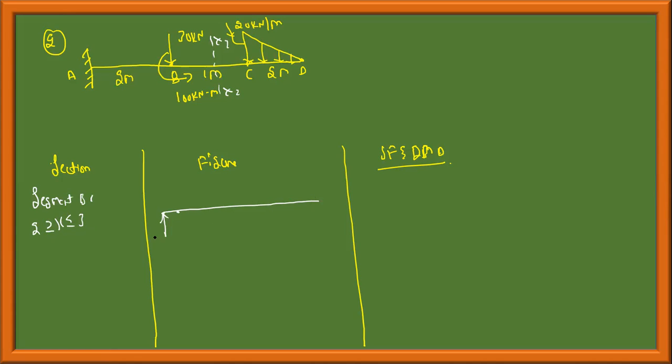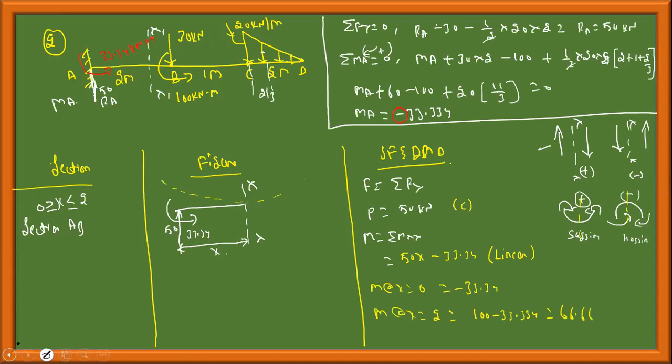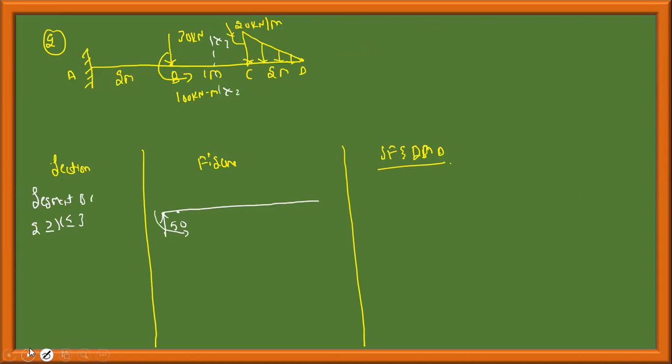RA is 50 kilonewton, moment we got 33.334. This is point A, point B, a 30 kilonewton load and a moment of 100 kilonewton-meter.